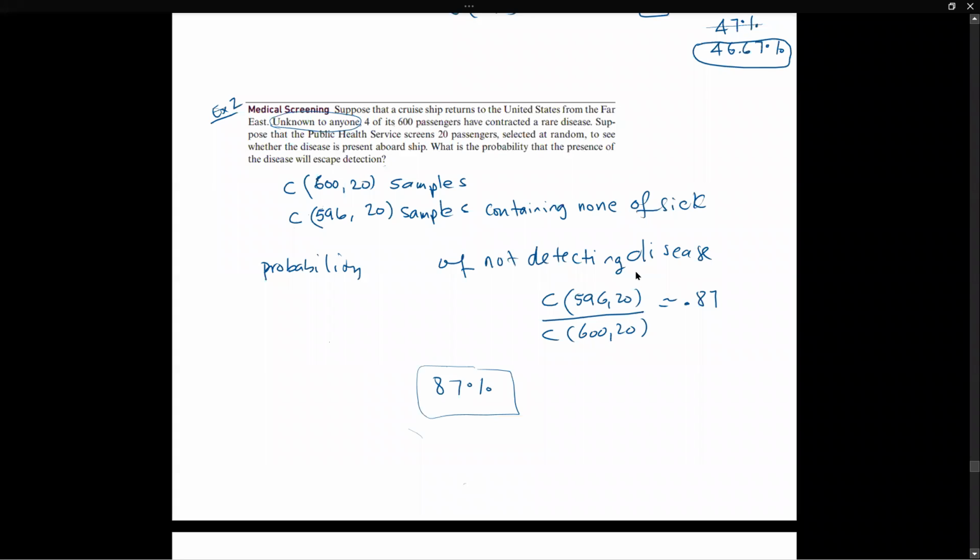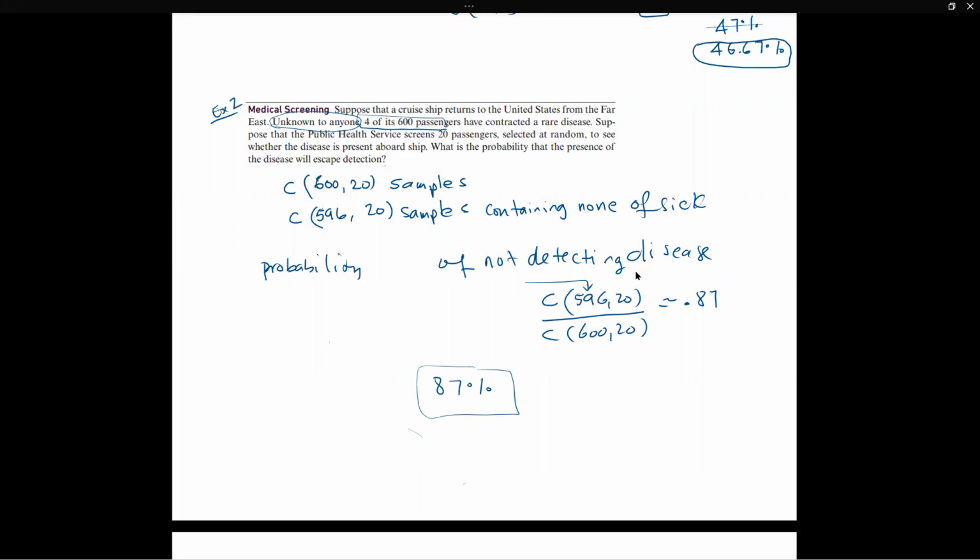All right. So what else to explain here? The question as well, of course, now that you look at it a few times, you're going to say, what about this 596, where did it come from? Well, you see the number 4, unknown to anyone, but we assume that 4 out of 600 are sick, right?